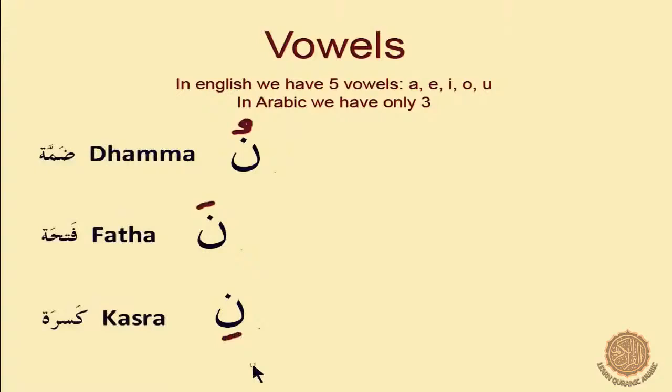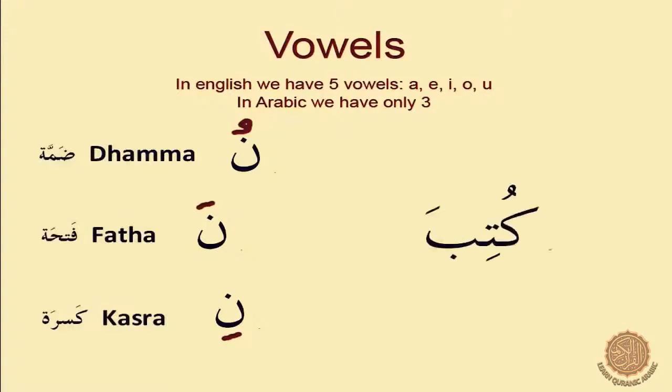And it has an E sound. So that would be pronounced as ni. Now, it's a good idea to memorize these three names, Dhamma, Fatha, and Kasra, which will help you through your studies in Arabic.